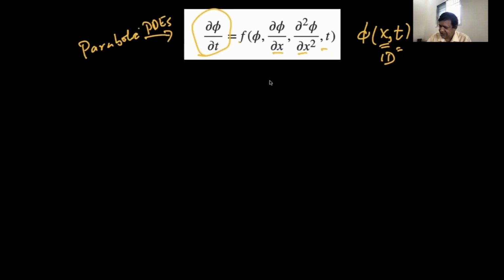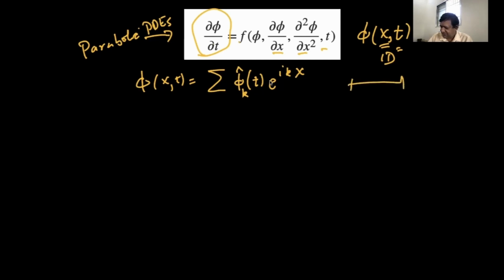spectral method. Now the idea is that we expand phi in real space as a Fourier series, the Fourier transform phi k of t times e to the power i k x. It is 1D, so k is a wave number. Of course it's in a box 0 to L, so k is discrete.